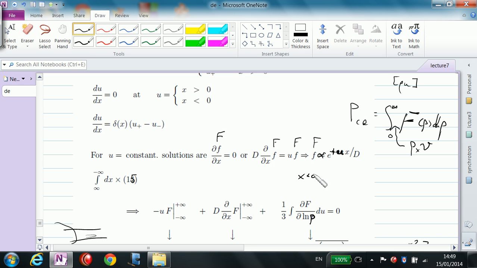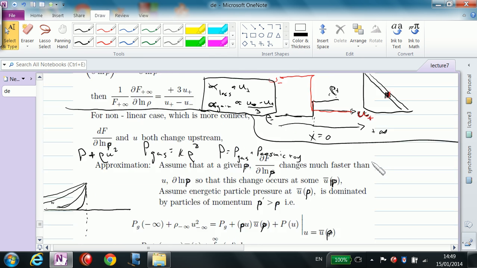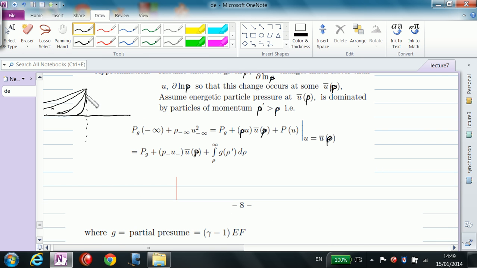At x less than 0, f is proportional to e to the minus u absolute value of x over D, because x is negative, right? So the smaller D is, the faster it dies. So this is for small D, and this is for large D.